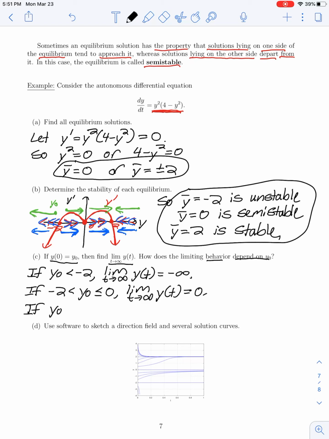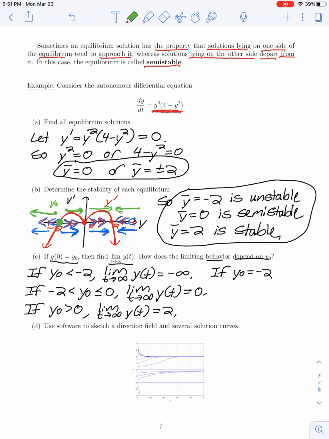So if y naught is anything greater than 0, the limiting value of y of t would be +2. And the only case which I have not yet considered is the case that y naught is exactly equal to -2.